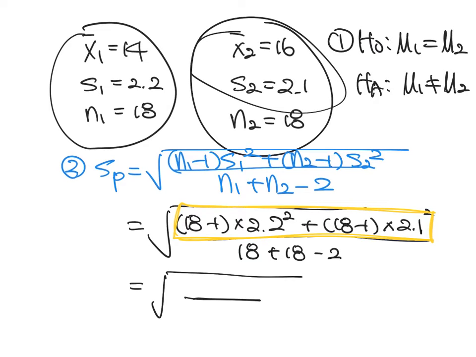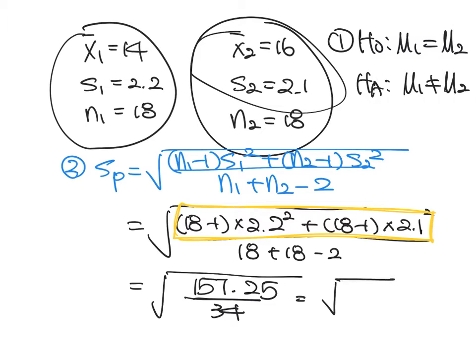I didn't bring my calculator, so please let me know how much the numerator will be. The numerator is 157.25, and the denominator will be 36 minus 2, which is 34.